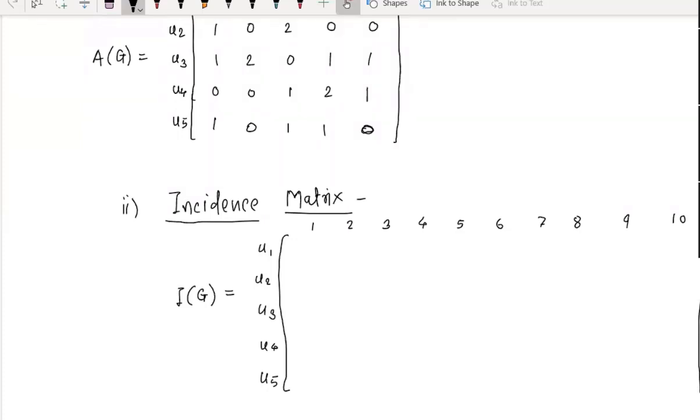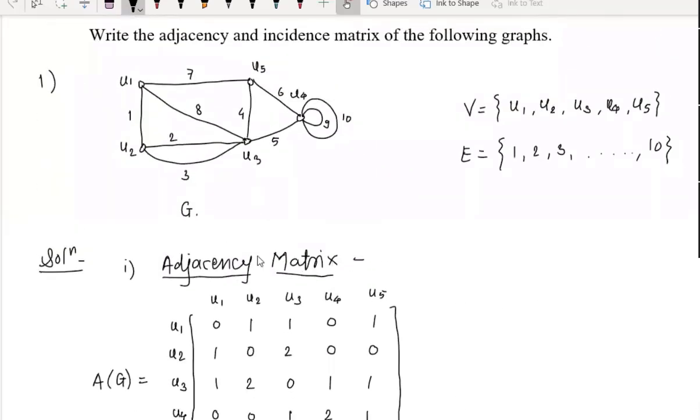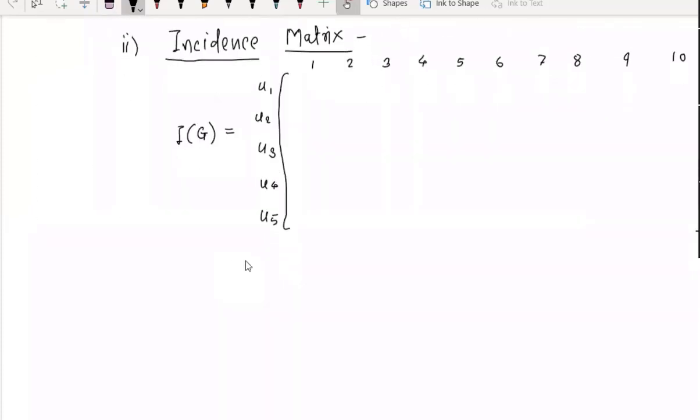Okay, now first edge E1. E1 exists between which two vertices? U1 and U2, right? So U1 is 1, U2 is also 1, and the rest of the entries of that column are 0.